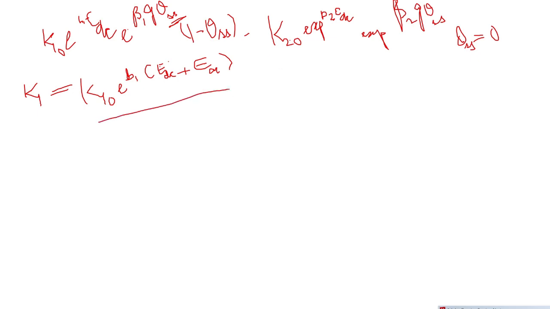It will be nothing but K1 DC: K1 naught, you will take e to the power B1 EDC outside, and then you will do the expansion for exponential B1 EAC. Along with that, you also have a term exponential of beta 1 G theta SS. So theta can be written as theta SS plus theta dash. This one you know how to do, right? This one will be K1 DC.